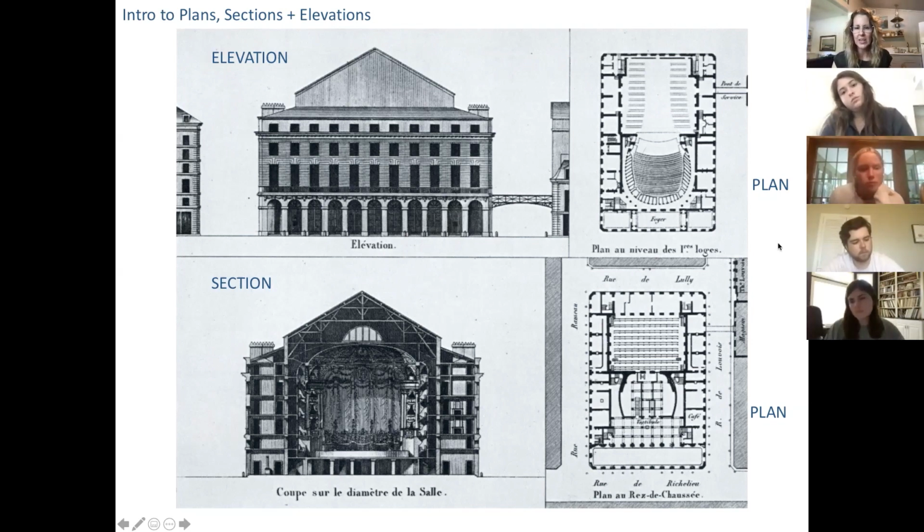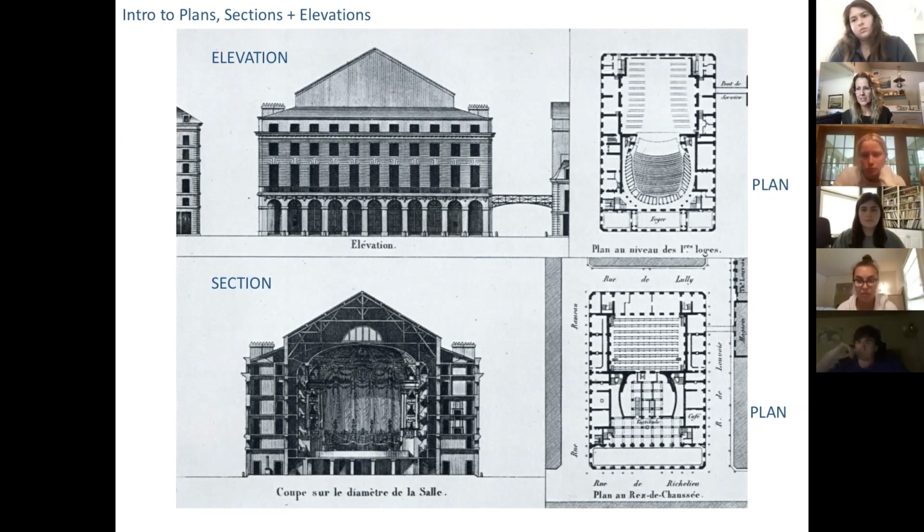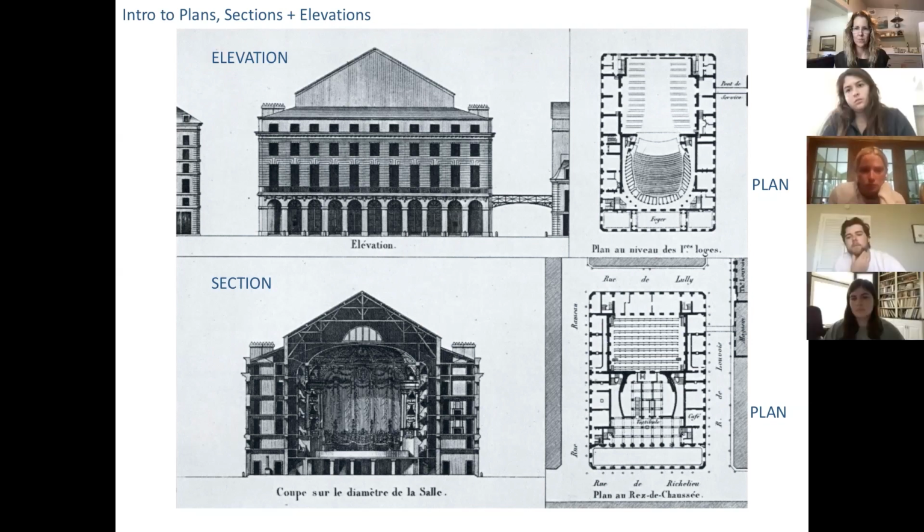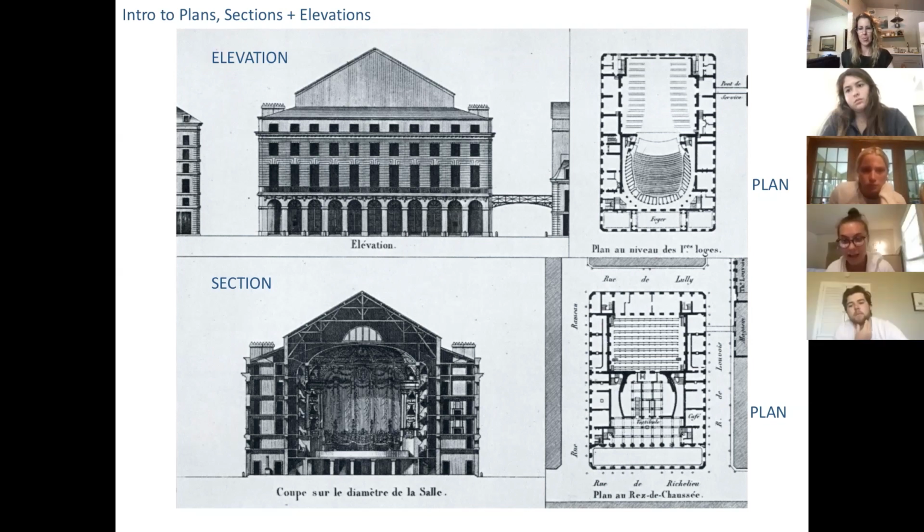Okay, and then over on the right, we have two plans. Someone tell me what we're looking at in those plans. Let's see, Sophie? Yes, so the plans are kind of what I think of as an overhead view that shows the entire building and what they're planning to do in the building itself. So you're just looking at the top and it shows all four sides so you can see the streets and which way everything is facing.